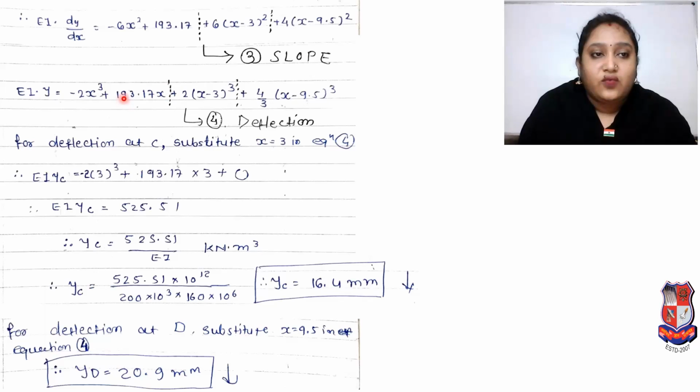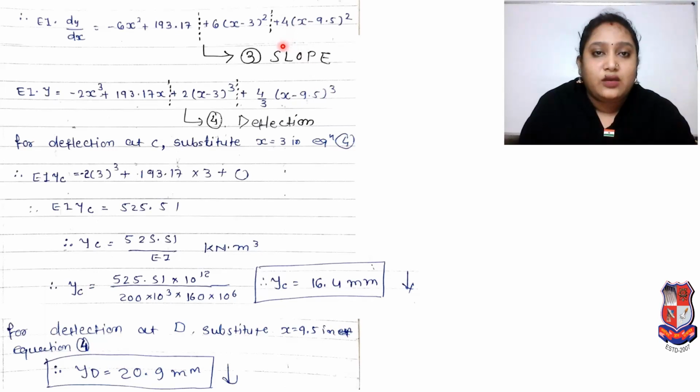So here 193.17x plus 2 (x minus 3) whole raised to 3. Again, what we did here: 2 power was there, so 2 plus 1 is 3. Here we divide by 3, so 3 into 2 and here 3, so 3 will be cancelled. So this term generated 2 (x minus 3) whole raised to 3 plus 4 by 3 in bracket (x minus 9.5) raised to 3.